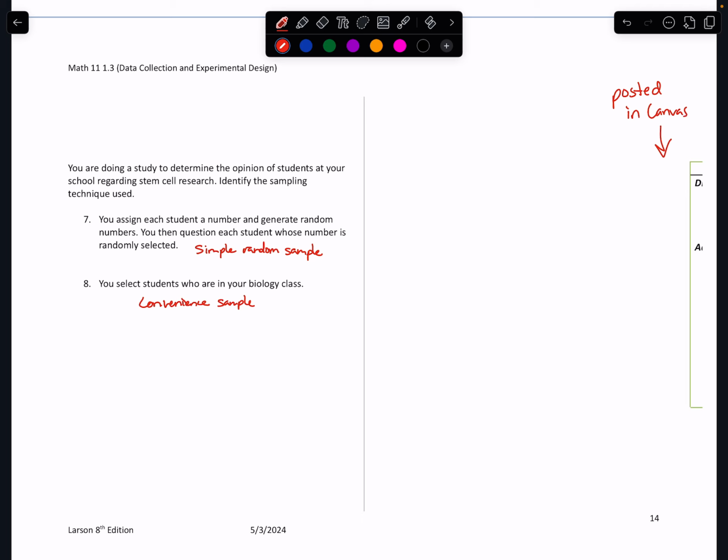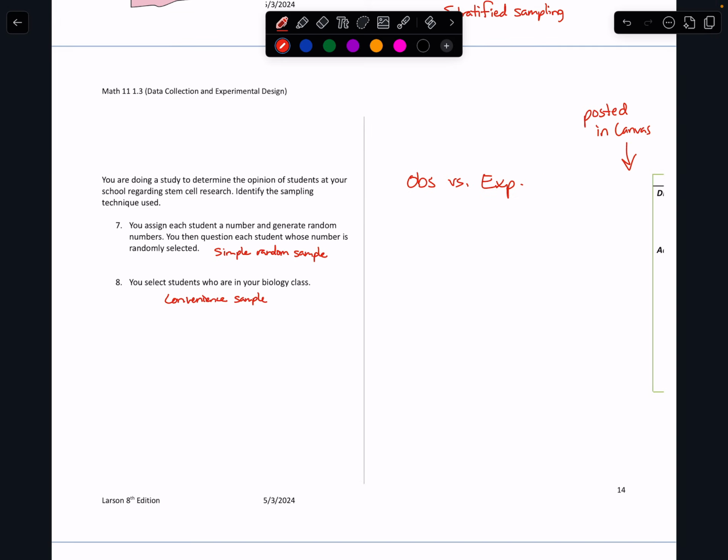It's just a really good graphic between the disadvantages and advantages of observational versus experiments, to give you an idea of why we might do an experimental study versus just an observational study and vice versa. So I will take a screenshot of that and post that in Canvas. I apologize that I didn't realize that didn't come through, or if it did on yours, great. But either way, I'll still post it.